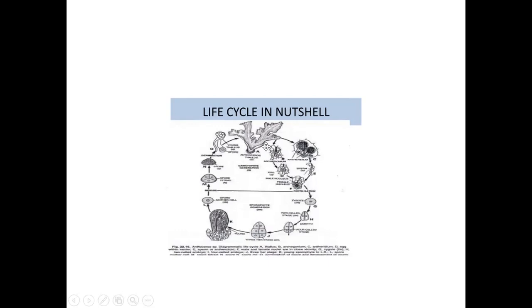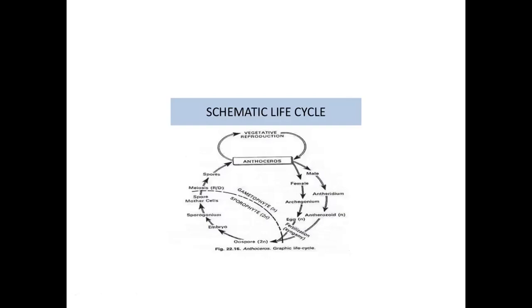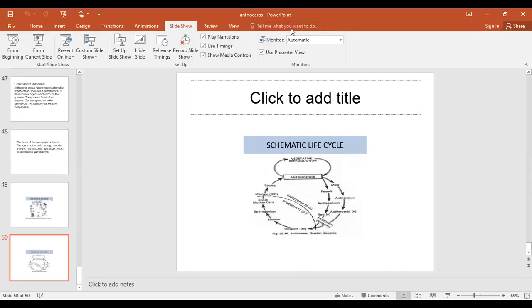Hence the life cycle is called the haplodiplontic life cycle. So this is about the life cycle of the Anthoceros thallus. So this is the end of the Anthoceros life cycle, the type study.